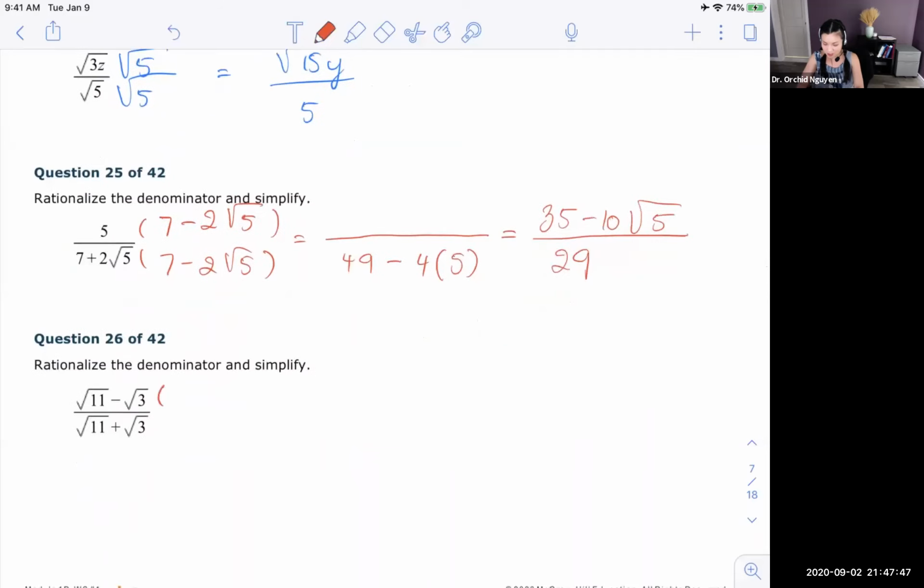So same thing over here, we multiply by the conjugate. In this case it is square root of 11 minus square root of 3. Don't forget, we only care about the conjugate of the bottom.